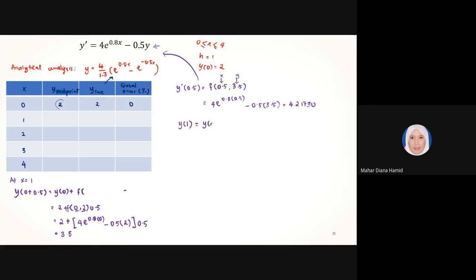So y0 plus, so this is the slope that we already calculated. So y here is, so this is x and y.